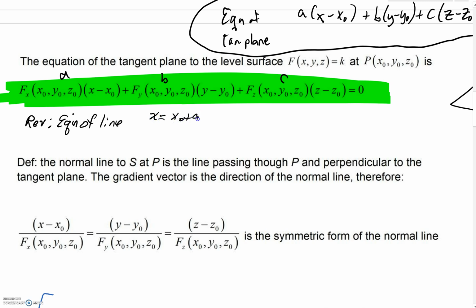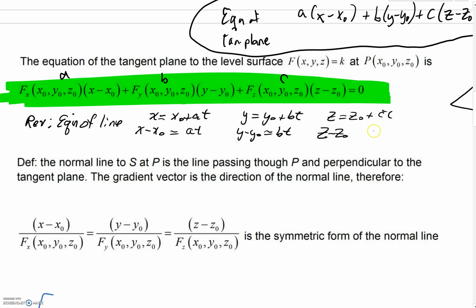We'll get to that in a second. And we'll have y is equal to y naught plus bt, and z would equal z naught plus ct. Well, you might remember we could subtract this x naught, we could subtract this y naught, we could subtract this z naught.